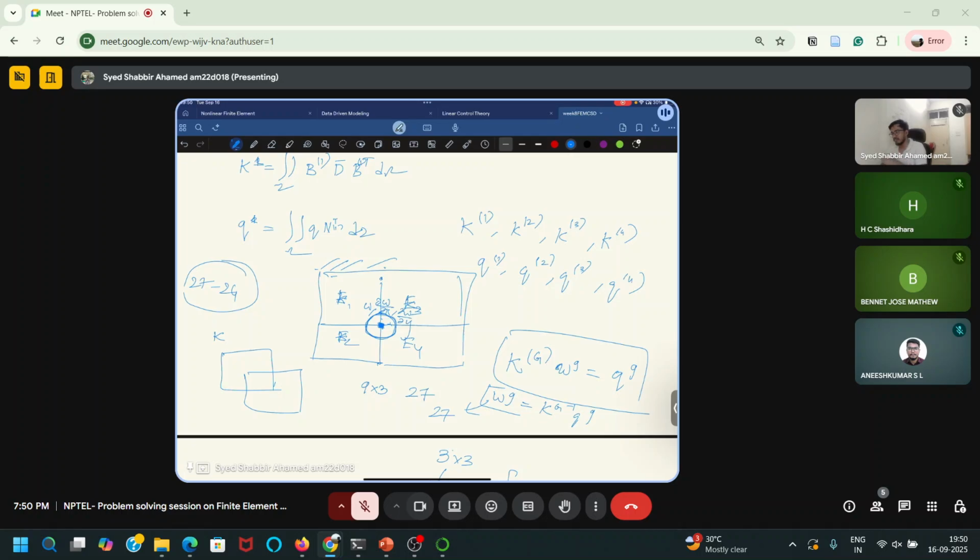You get the displacement field W of x comma y, and then you do differentiation to get the strain components at the top surface. So these are four questions. First two are very simple. Third and fourth are a little bit tricky. Not that much, but yeah, you can do it.